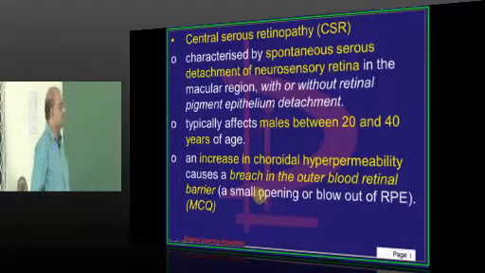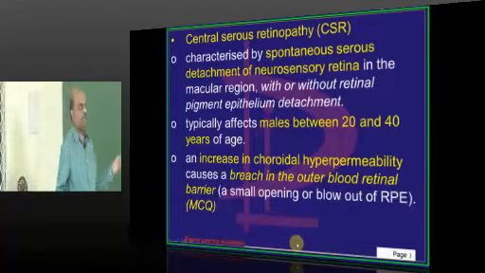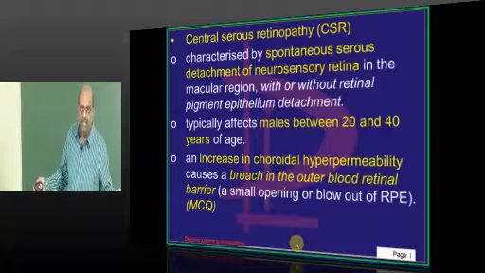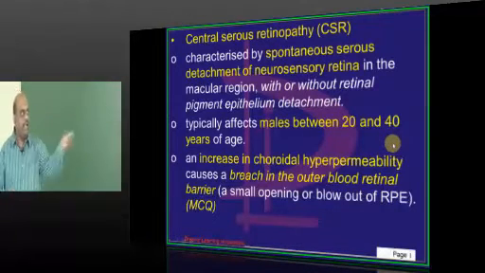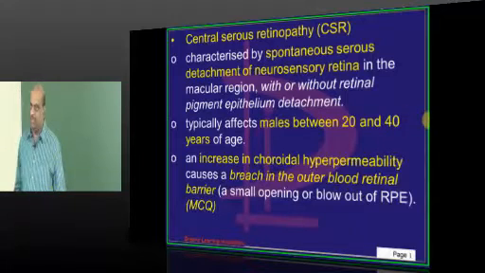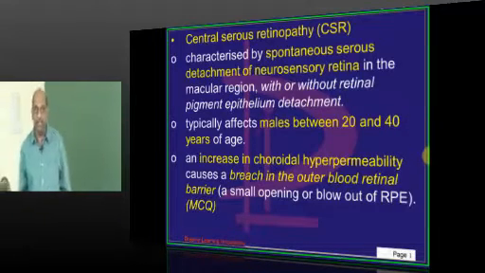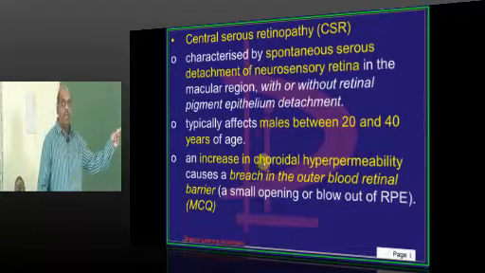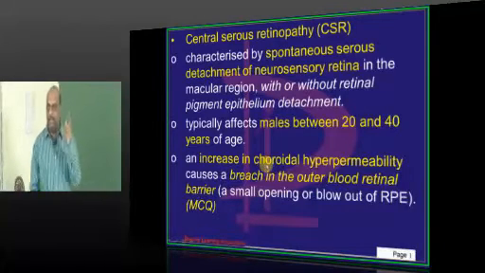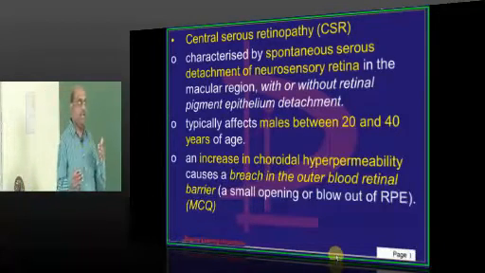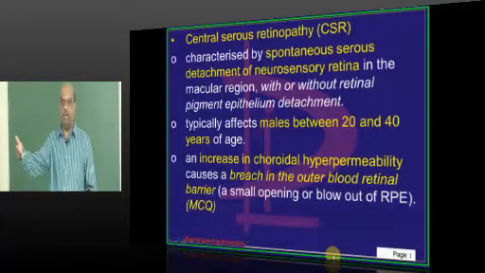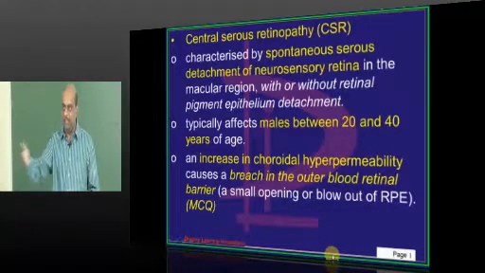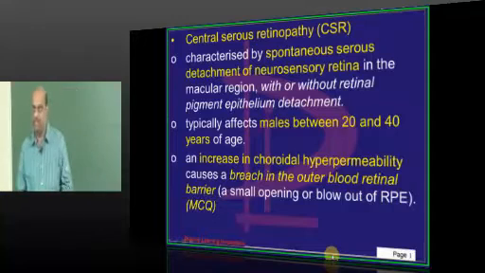And what is the underlying cause? Why should serous fluid accumulate and make the neurosensory retina get detached from the other layers, that too in the macular area? It is a hyperpermeability. You know, who is there behind the retina? Choroid. Outside the choroid you have sclera. They are all wrapped within one another.